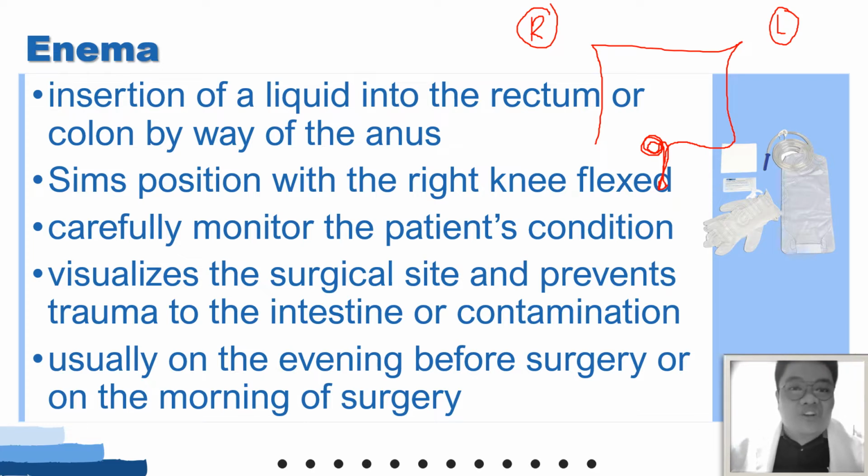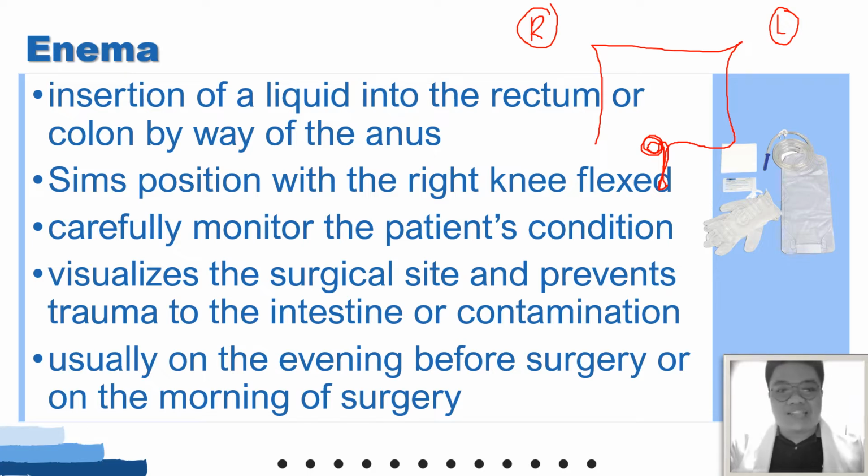What do we mean by return flow? Anytime, class, you'll be inserting the enema, if your patient is able, you would expect them to run to the comfort room. You would expect them to run to the lavatory because they would want their poop to be out. They will be triggered to poop. For that reason, class, the doctor would say, continue enema until return flow is clear.